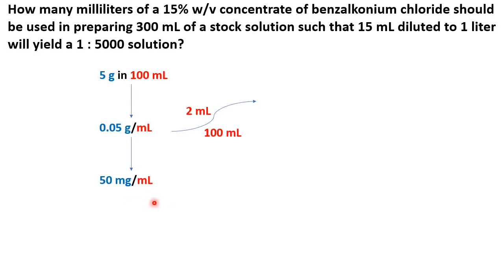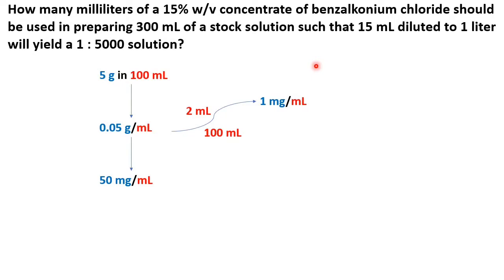So 2 milliliters would contain 100 milligrams. So we now have 100 milligrams of substance contained in 100 milliliters. So it is 100 milligrams over 100 milliliters, so the concentration is 1 milligram per milliliter.